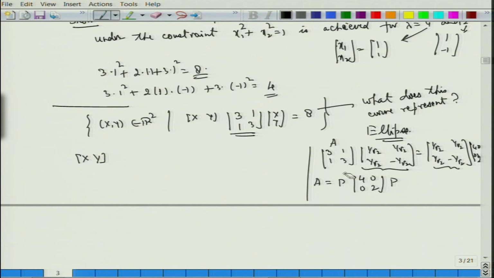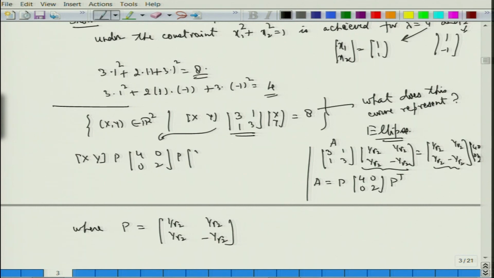Or let me write this way, P transpose D P, where P is equal to 1 upon root 2, 1 upon root 2, 1 upon root 2, minus 1 upon root 2. Let me write like this. All right. Fine. So in that case, this corresponds to looking at this times 3 1 1 3, that is A is P transpose times 4 0 0 2 times P times (x, y).